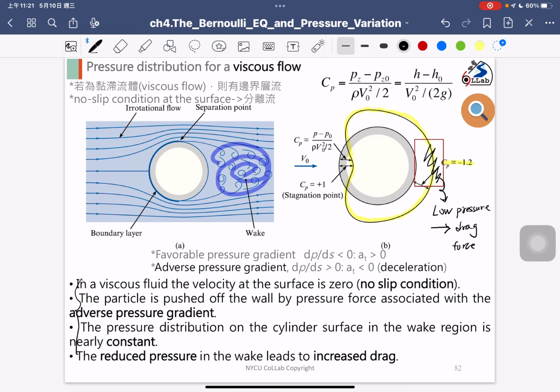And the lower pressure region will increase when the wake flow increases. So if we can extend the separation point to here, the wake flow region will become smaller. So the idea is, if we want to reduce the wake flow, we should change the point of the separation.